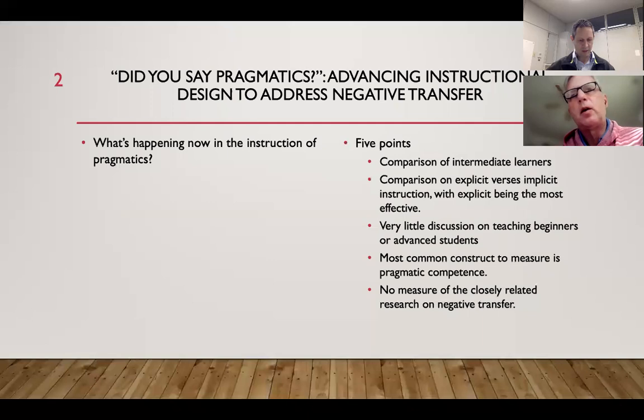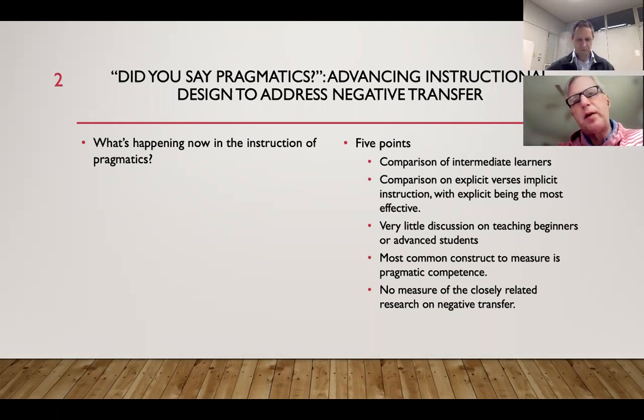Explicit has been largely the winner, showing the greatest effect on improving pragmatic competence for students. But there's been very little discussion of how to teach beginners or advanced students who would like to improve their pragmatic skills. Pragmatic competence is the most common construct used to measure gain in pragmatic skill.